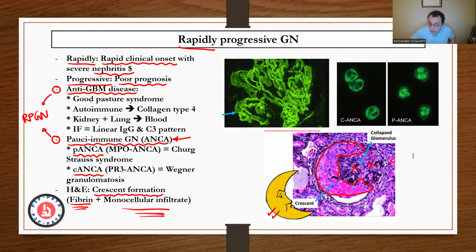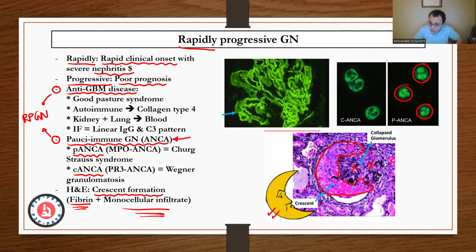No problem. So here it is. You can see this perinuclear immunofluorescence lighting up. That's what I mean by P-ANCA, perinuclear. But here, the nucleus is nearly dark, and what's lighting up is the cytoplasm. That's why they call it cytoplasmic ANCA, or cytoplasmic anti-neutrophil cytoplasmic antibody.